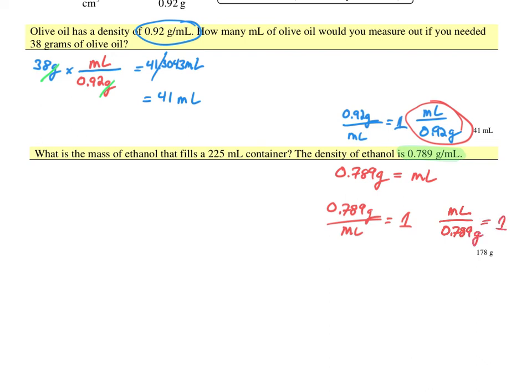So we start with the number that we're given with its unit, 225 milliliters, and we know we need to multiply by a conversion factor to get units of grams. So we want to use the conversion factor that has units of milliliters in the denominator.